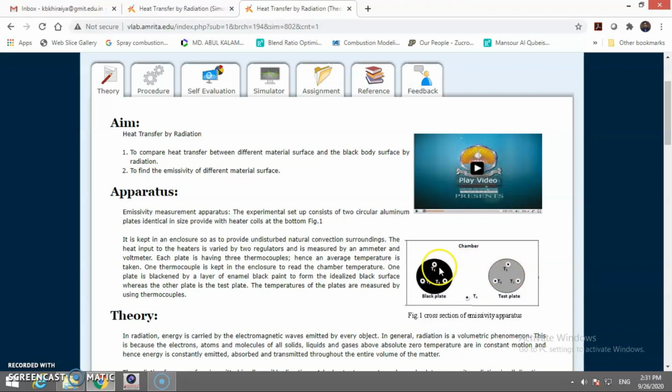On the reference plate we have fitted three different temperature sensors, T1, T2 and T3. Then one temperature sensor is fitted in the chamber to measure the ambient temperature in the chamber, that is T4, and another three sensors are fitted on the test plate, that is T5, T6 and T7. So in this way the apparatus arrangement is given to perform this practical.